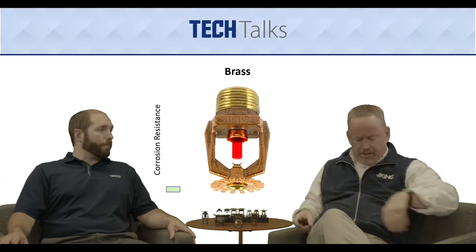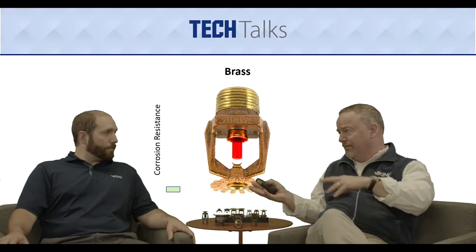It might be able to change slightly, but it has to be really close to its main operational time for an uncorroded sprinkler. And then the same thing goes for standard response. They've got a little bit more room to move, but they need to be right in the same time frame as an uncorroded sprinkler.